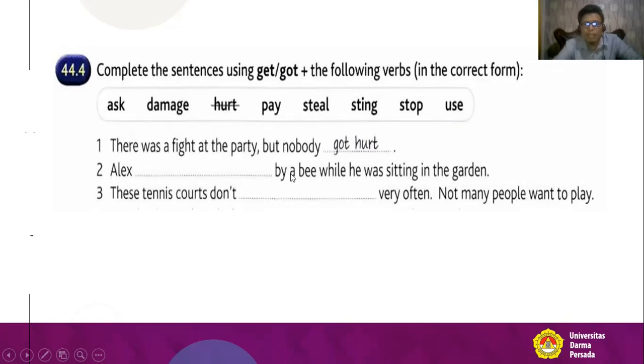And then is it damage, pay, steal, or sting? Alex got stung. Alex got stung by a bee. Next, this tennis course. This is present, so we don't say got, but get. Don't get. Get what? Maybe this one, used. Get used. Don't get used very often.